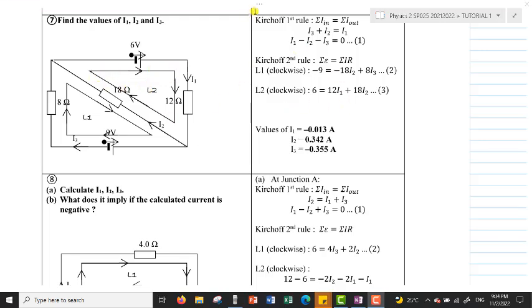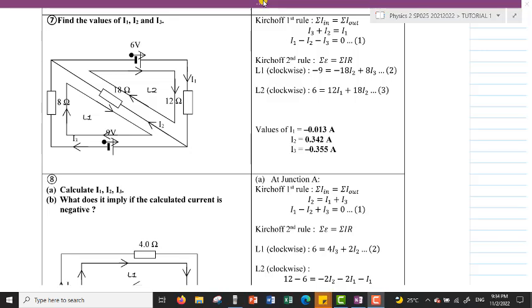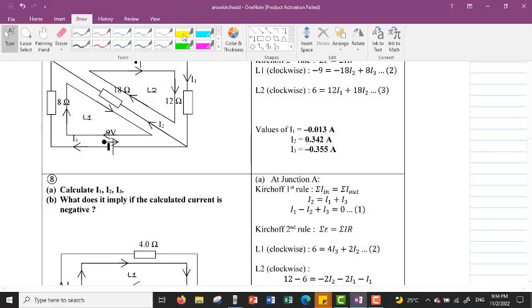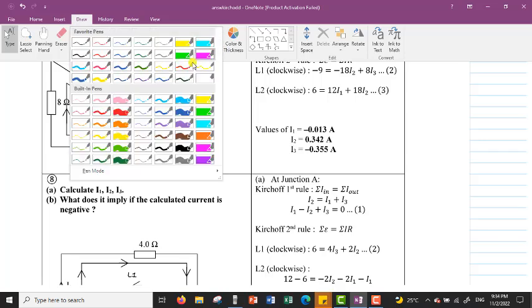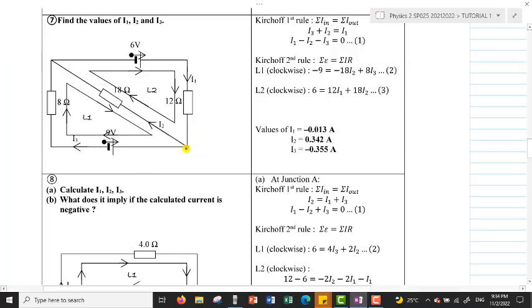So first we identify a junction. So we are going to apply our junction rule first. So let's say I consider the junction here. I find out that I3 flows out from the junction.